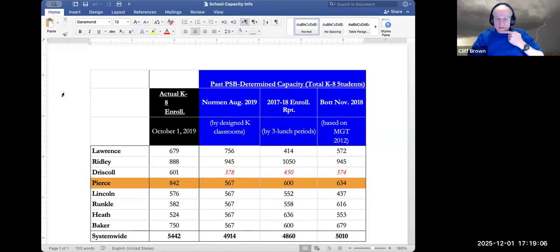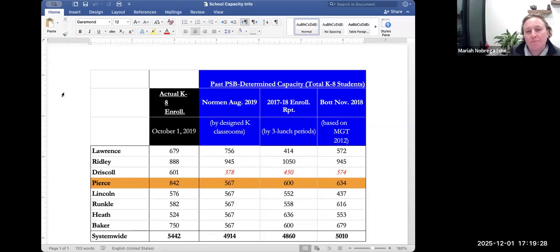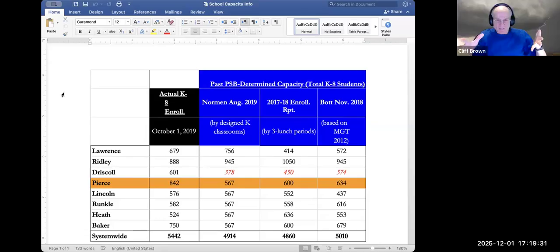And Lawrence, Mariah, you can probably help me out here. Lawrence, I assume, went through some sort of expansion, but I don't remember when that happened or what was involved in adding the classrooms. I bet you remember, Cliff. Do you remember when they basically took away the parking lot in the back?